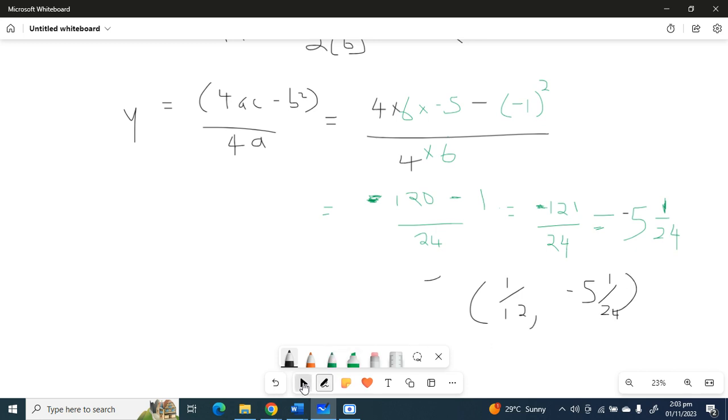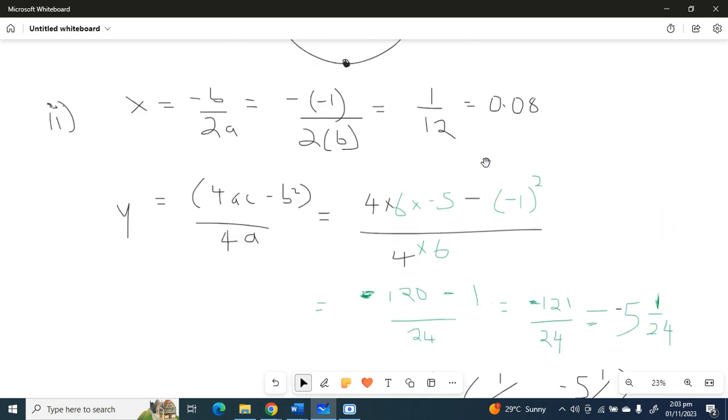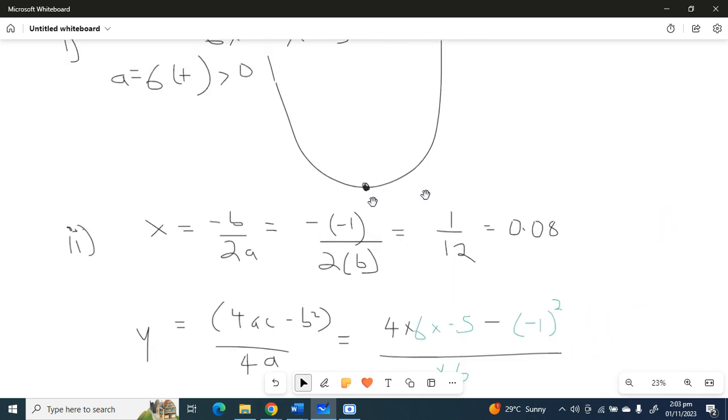Right, so this point is found here at the bottom of the quadratic function: 1 over 12, negative 5, 1 over 24.